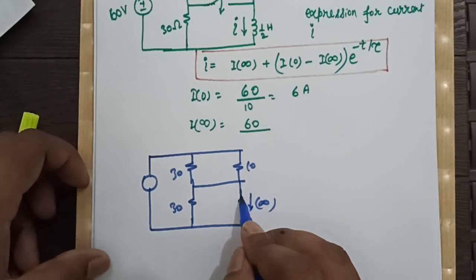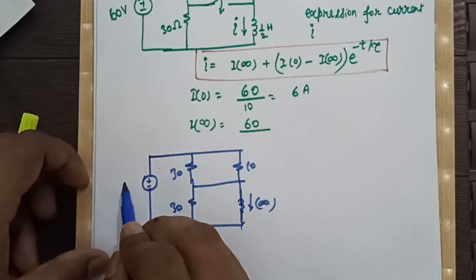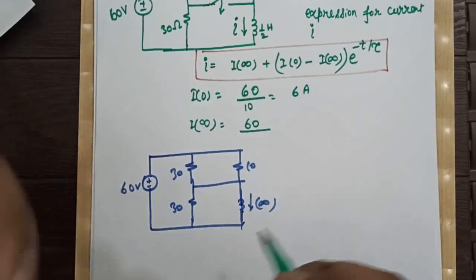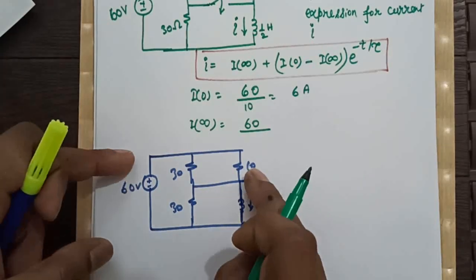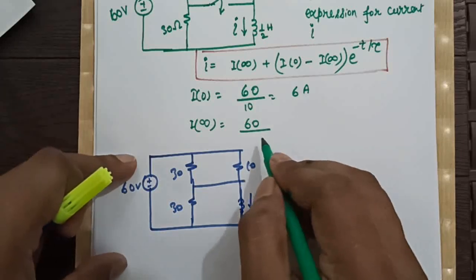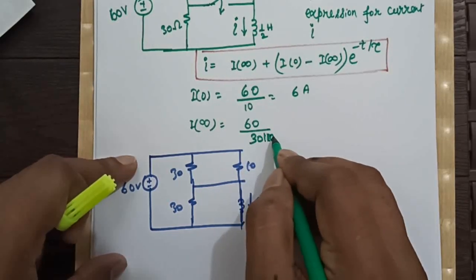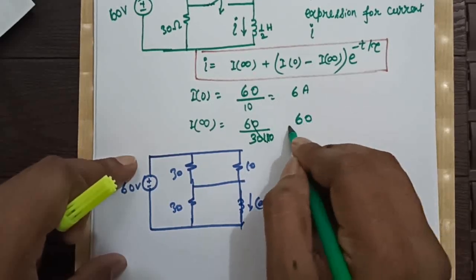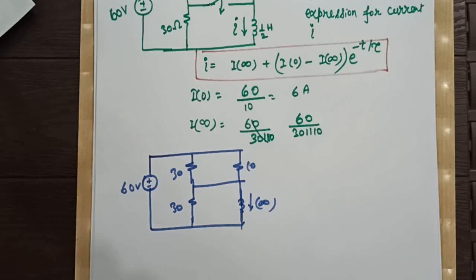Since this is short circuited at time t equal to infinity, our I infinity will be what? 60 volts divided by the parallel combination of these two branches, isn't it? 30 parallel to 10, so 60 divided by 30 parallel to 10.